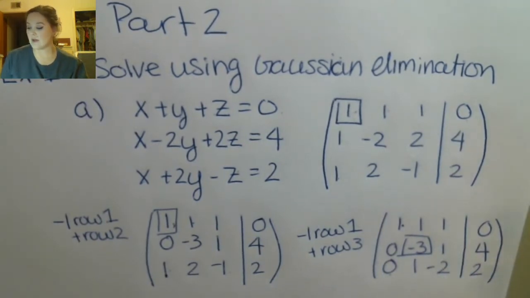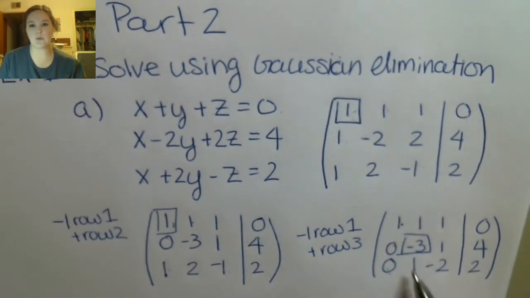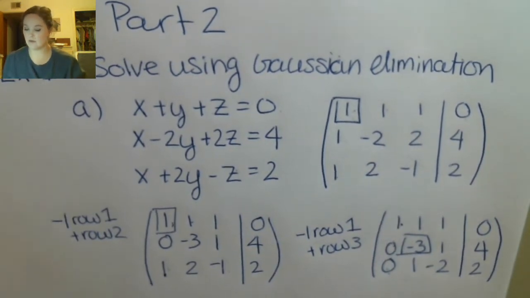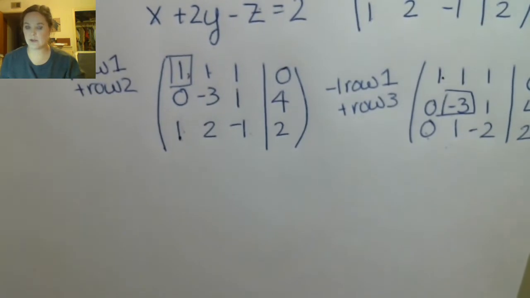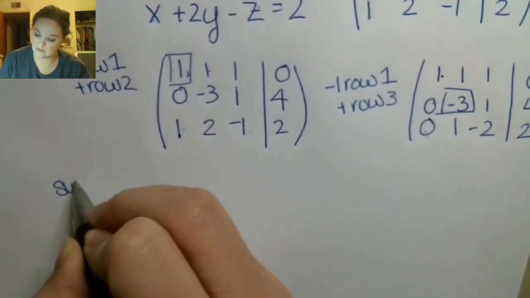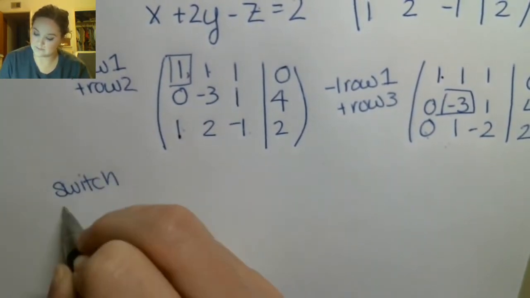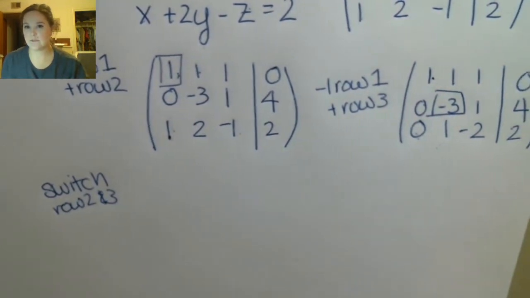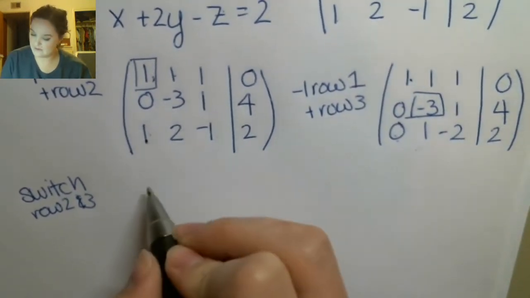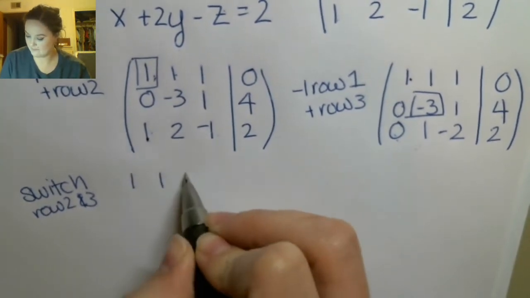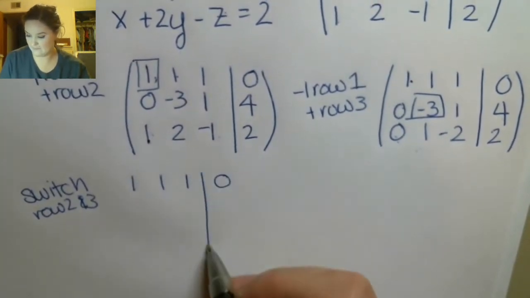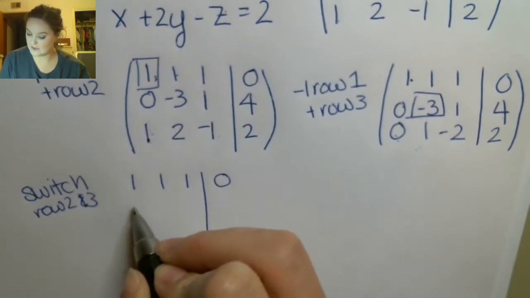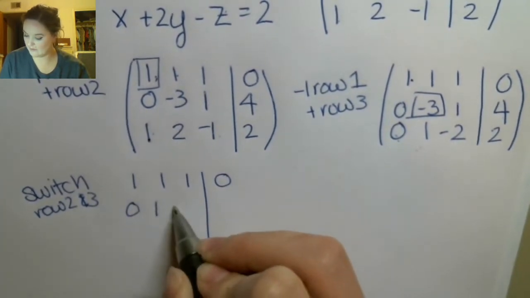So here's a time where you might want to switch these two rows. That's actually what I'm going to do now. I'm going to switch rows 2 and 3. I'm going to leave my first row alone, and then switch my second and third row.